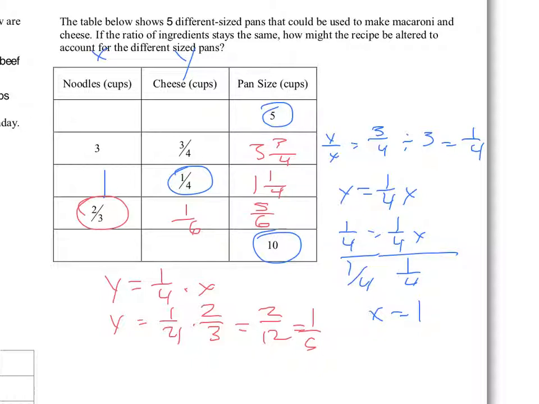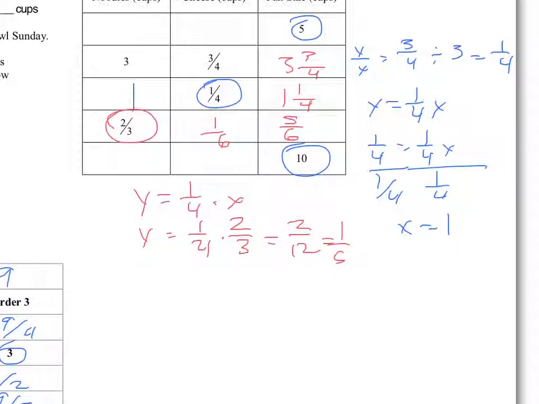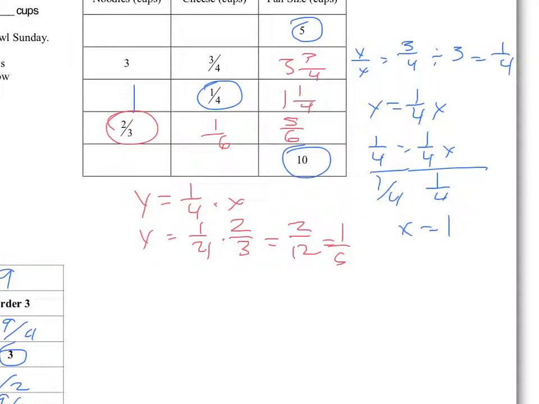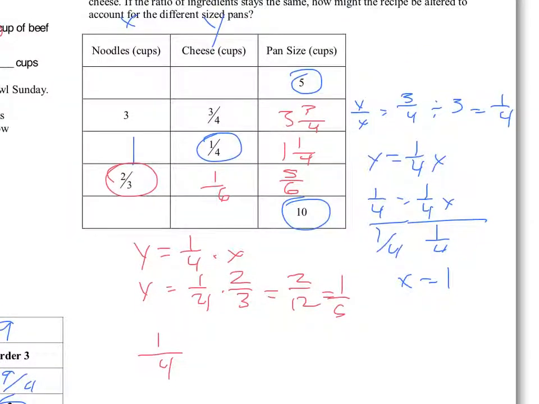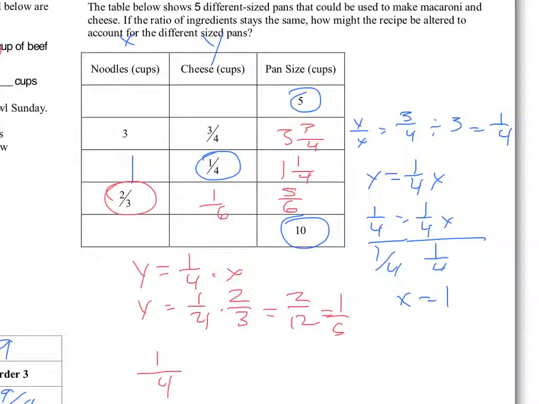And now for these other ones, I need that equivalent ratio. I'm going to go back to that idea of equivalent ratios. I know I've got a 1/4 ratio, and I need to make sure that that adds up to 5. In this case, that makes it actually really easy here. We see that our cheese, which is our y here, should be 1 and 4. That's going to keep my ratio.